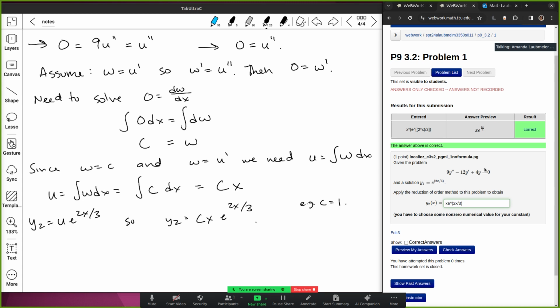If you wanted the general solution, it's c1y1 plus c2y2. So it'd be c1 e to 2x over 3 plus c2 times cx e to 2x over 3.